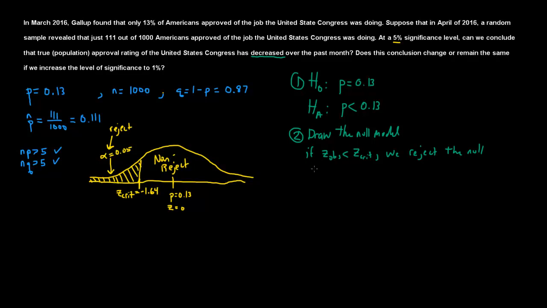Another way to reach the same conclusion, and this is always the case: if P is less than alpha, we reject the null. Now, I can't stress this enough. We're only ever testing the null hypothesis. The better wording is failing to reject the null hypothesis or rejecting the null hypothesis.